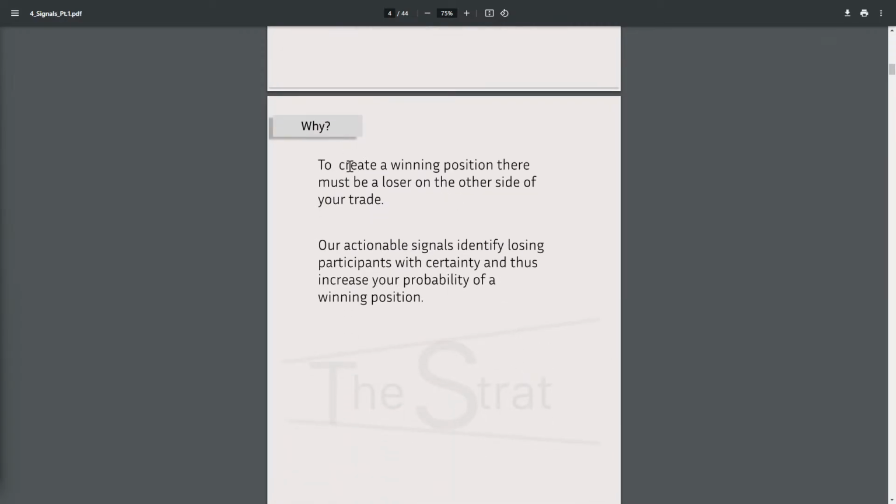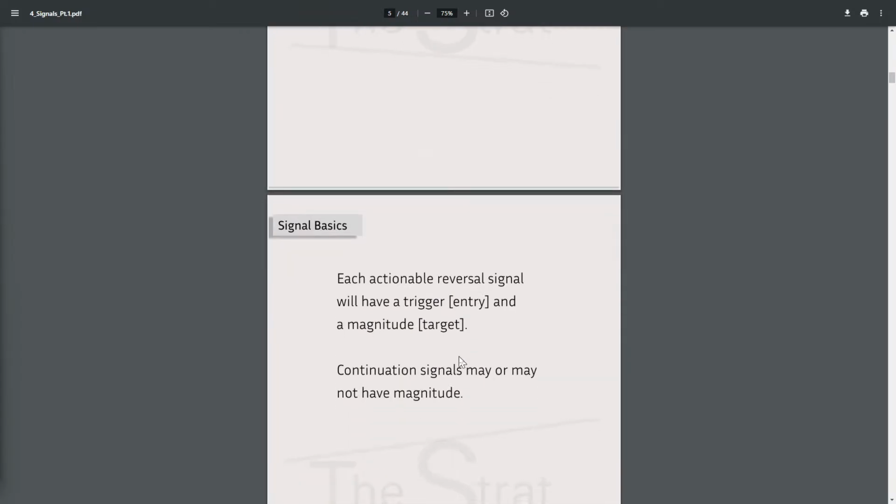Why is that? To create a winning position, there must be a loser on the other side of your trade. Our actionable signals identify losing participants with certainty and thus increase your probability of a winning position. So our goal is to put ourselves in winning positions immediately and sink the losing positions, basically.